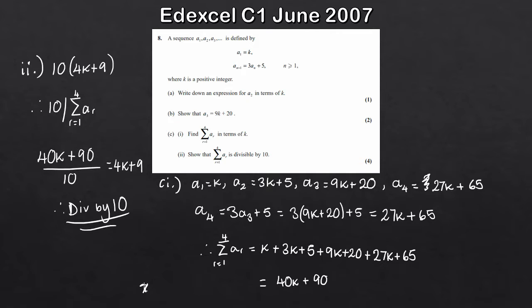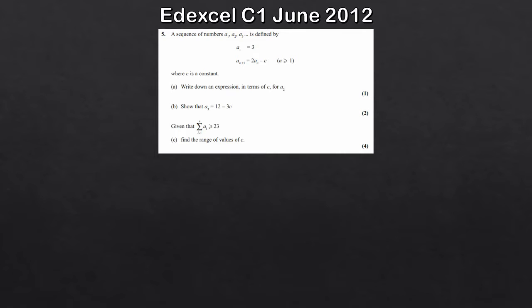So let's take a look at the next question. Like you'll see with these questions, they're all pretty similar. So let's take a look at this one. Question 5 here. Again, starting off, we're just finding the next term, so A2. And again, we're given the pattern here, so the next term in our sequence, so this will be A2 in this case, we've got 2 lots of the previous term, so that's 2 lots of A1, and then we subtract C off.